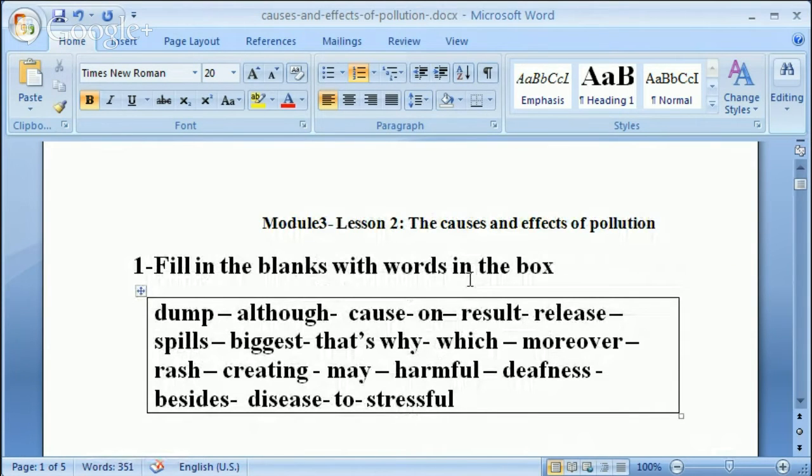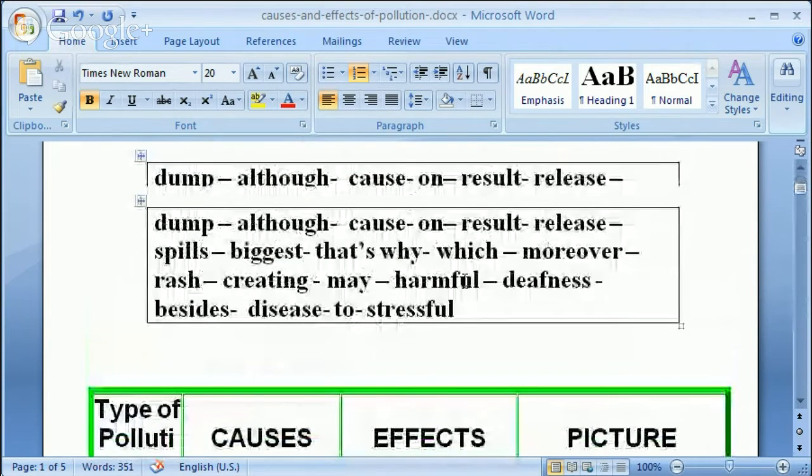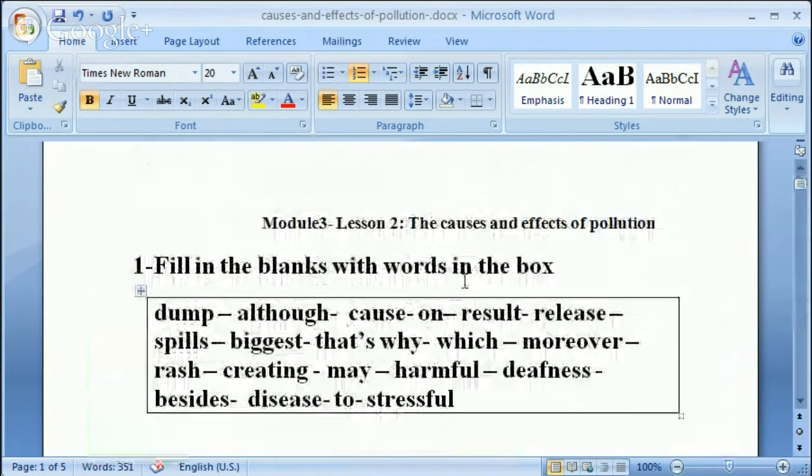Okay. All right, this seems strange, so I'm not sure if this is working. Let me try this again. Now it's working. Okay. There we go. All right.